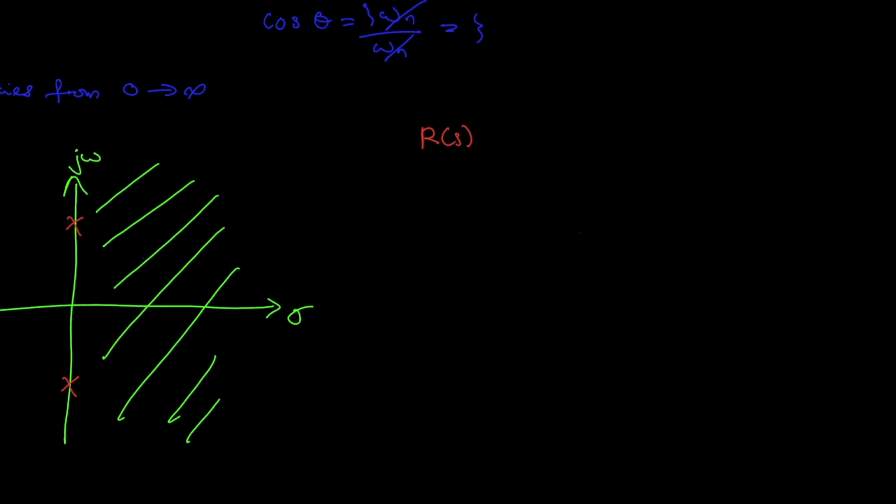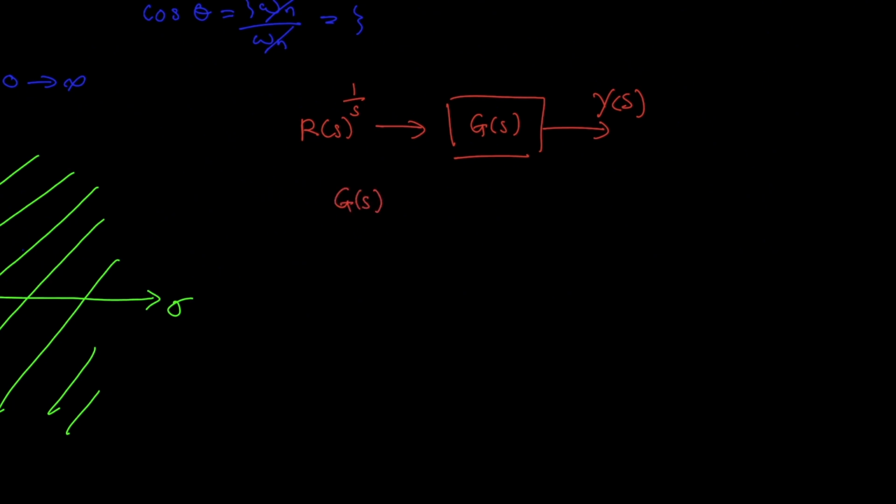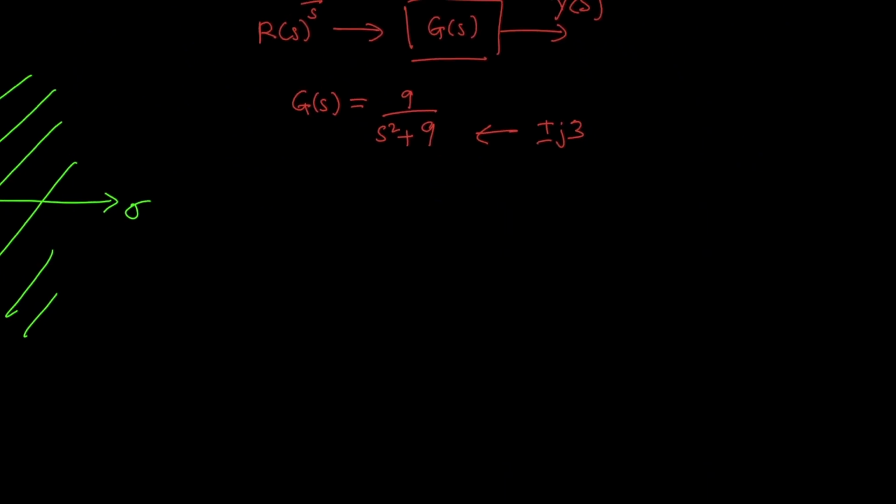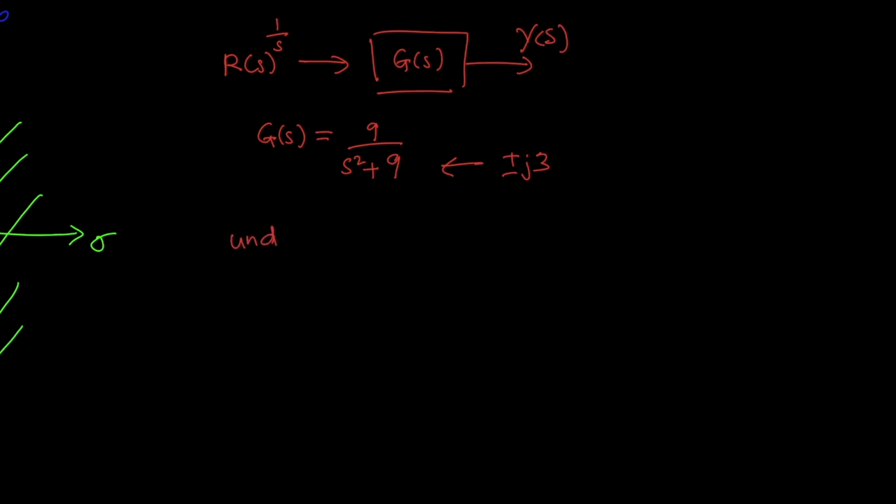Say we have a step input, a plant G(s), and an output Y(s). For example, G(s) equals 9 over s squared plus 9. A pole exists at the origin that comes from the unit step input, and two imaginary poles on the positive and negative of the j omega axis come from the system.